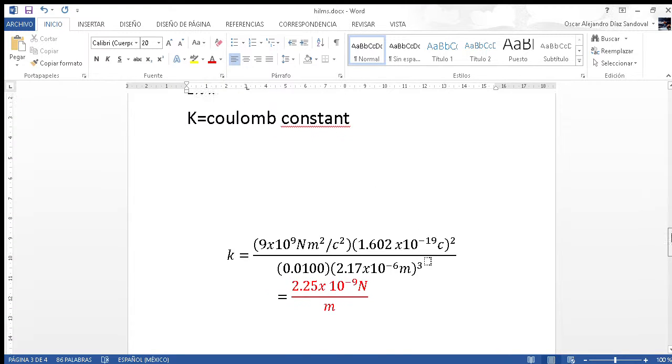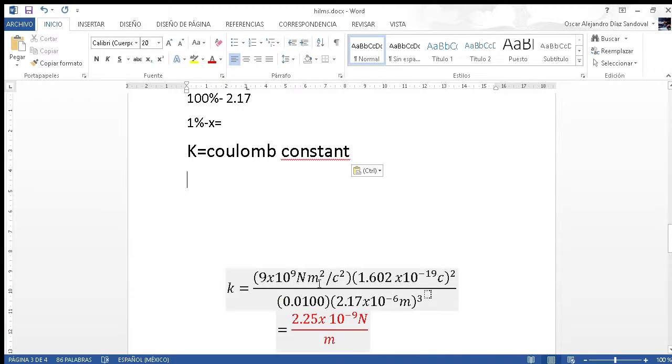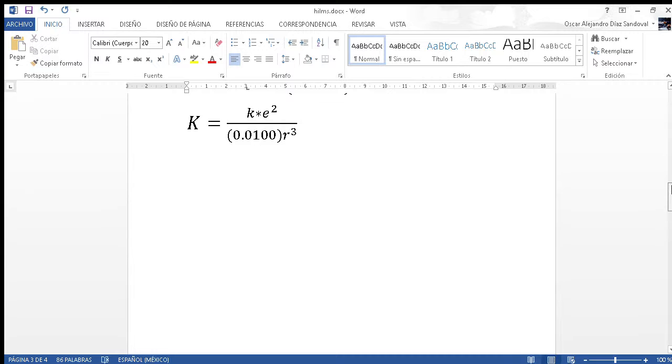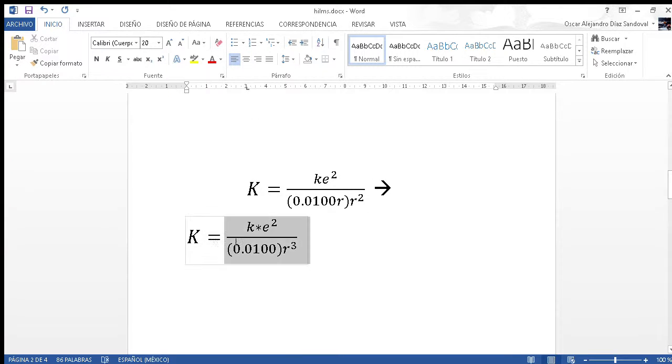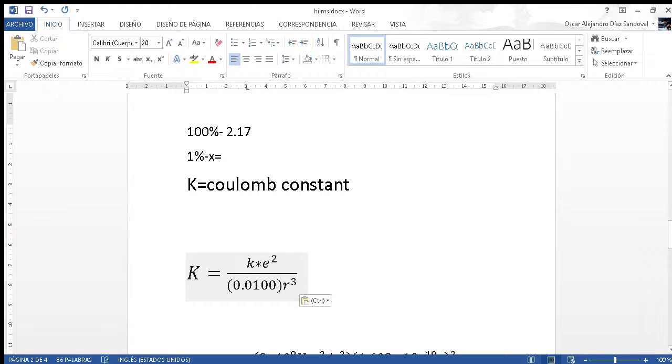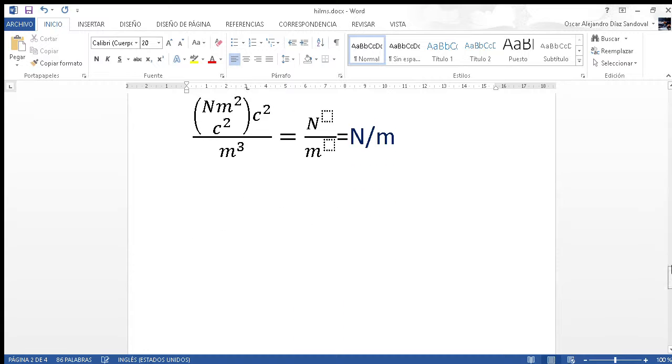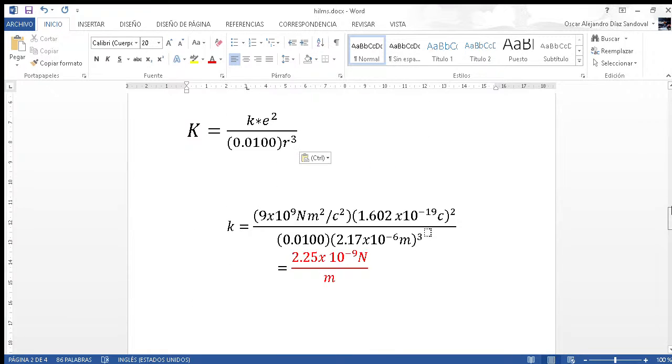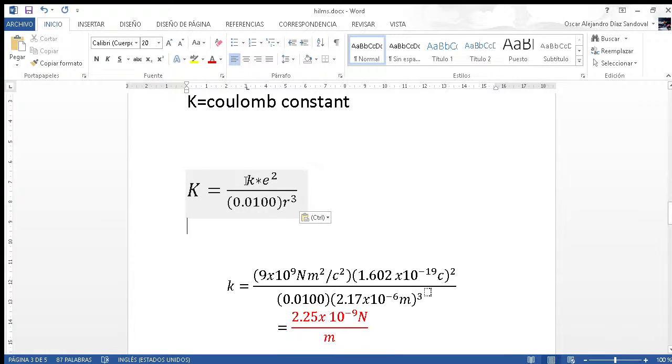If we substitute our values, we're going to obtain this. So the K is equal to this value, K that multiplies E squared.